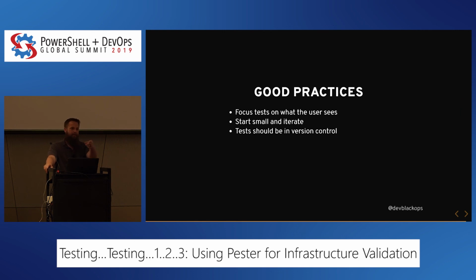The intent of the simple and comprehensive was to start small and iterate. So let's create some simple tests to do some basic validation of a system. And when those don't pass muster, we'll create some more comprehensive tests later on. Is that correct?